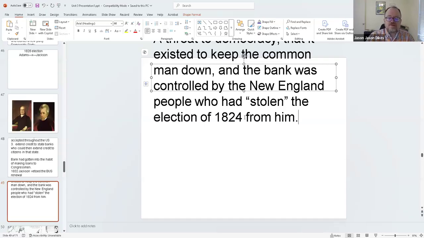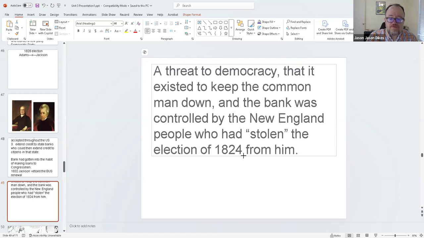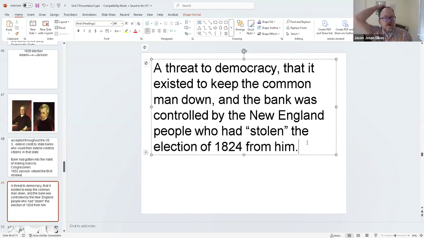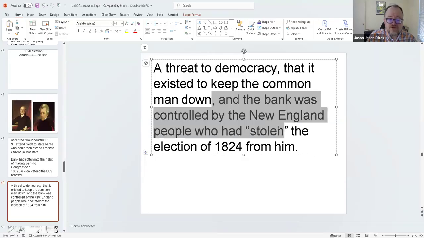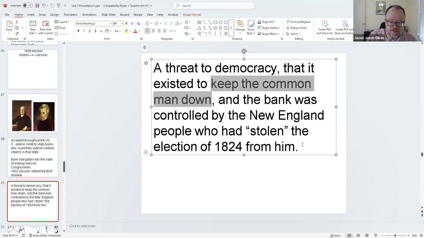Remember, Jackson had claimed that because he won the popular vote, he was the winner, and had gone on and on and on about how the election had been stolen from him and from the will of the people. If this sounds kind of familiar to you, it should. So he's able to mix some of his political ideology, some revenge against people, and whatever this is.